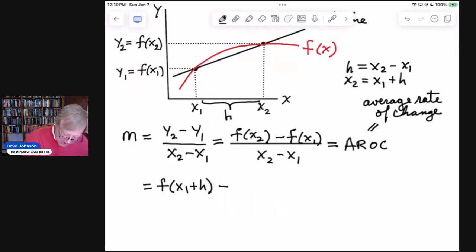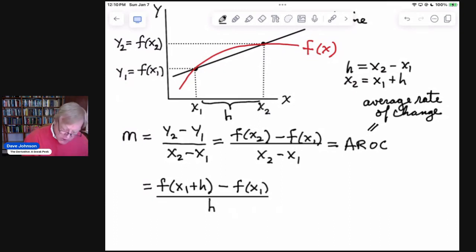The f of x1 gets replaced with just plain old f of x1, in other words, it doesn't change. And then our downstairs, let's go ahead and change that. The x2 minus x1, remember we defined that to be our h. So let me put an h downstairs. For those of you who already know calculus, this is going to start to look a little bit familiar. I won't give it away yet, but let's just keep going.